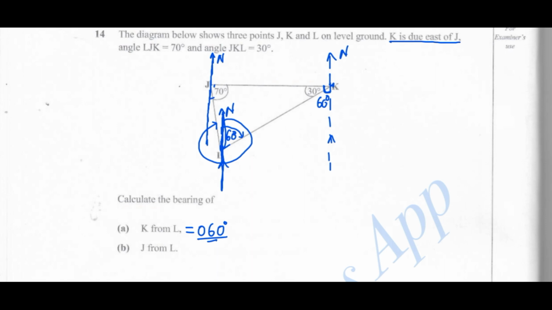We know that this is 90 because this line is due east. So 90 minus 70, we get 20. If there is 20 here, then there is also 20. So our final answer will be 360 minus 20. This will give us 340.